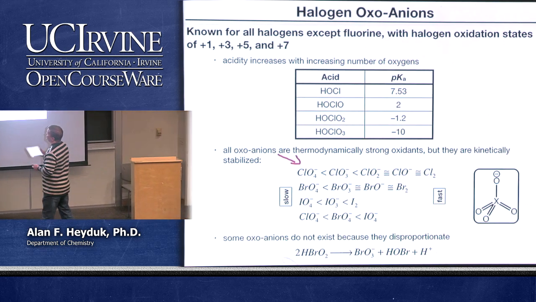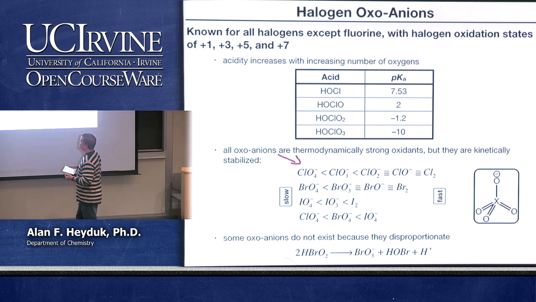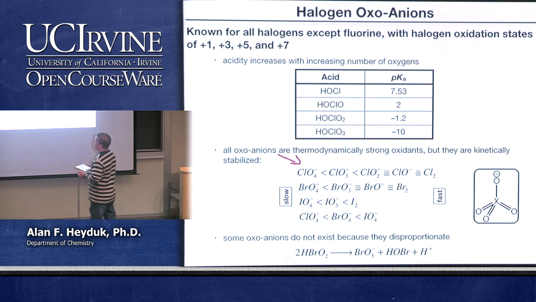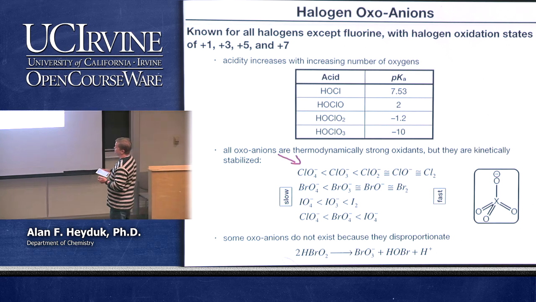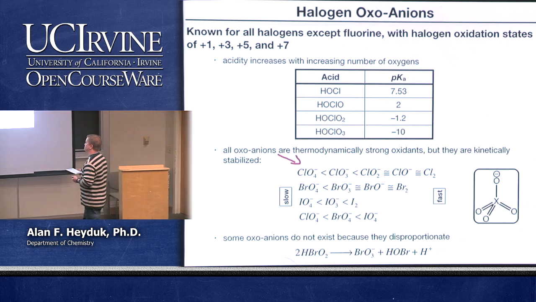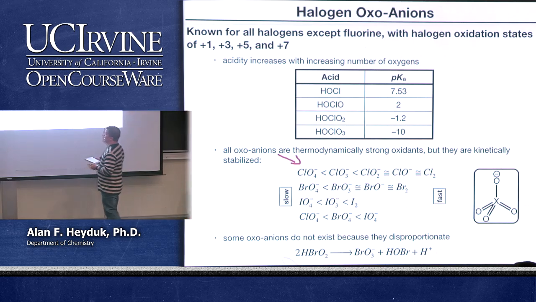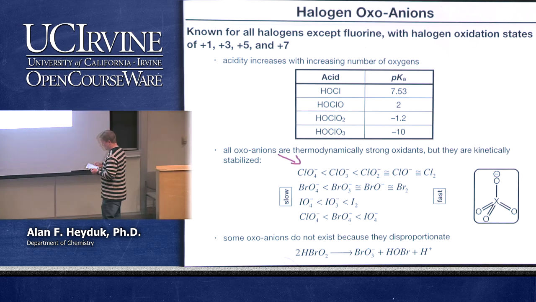You'll notice from this table that there are some oxo-anions that are missing. For instance, BrO2, so that's bromite, is missing, and that's because in aqueous solution it disproportionates to the bromate and the hypobromic acid plus a proton.